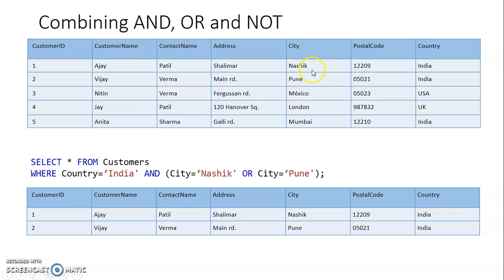City equal to Nasik means the first record will be fetched, and the second record. So the condition given in the bracket will fetch the first and second row. And country equal to India, yes, so you will get the first and second row as your result set. So here we are combining the AND and OR operators together.